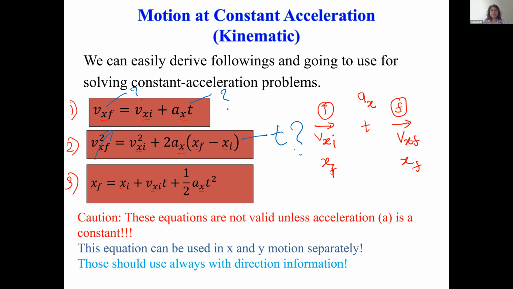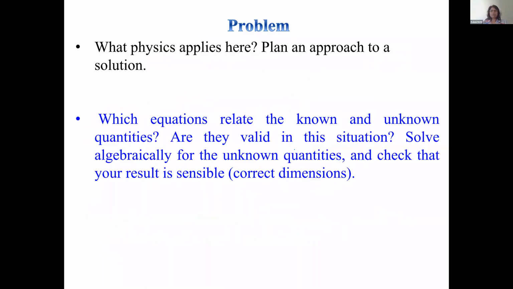Okay. So now we decide what to use. We can use x final equals x initial plus v initial x direction times time plus half acceleration x direction times time squared. I'm going to find the time in this equation.